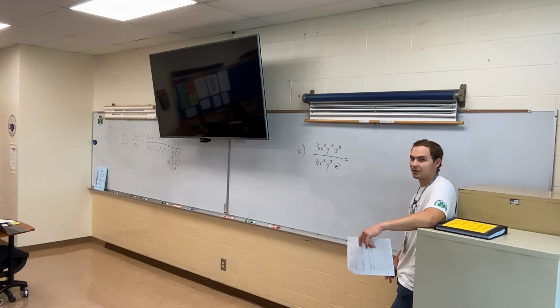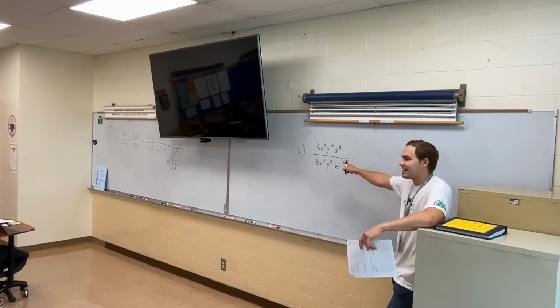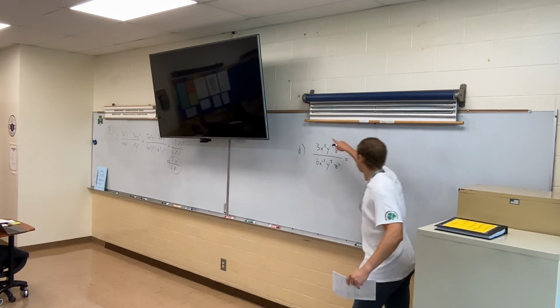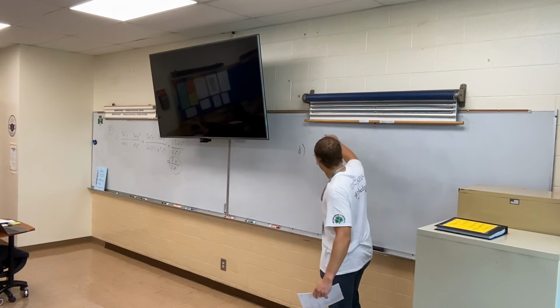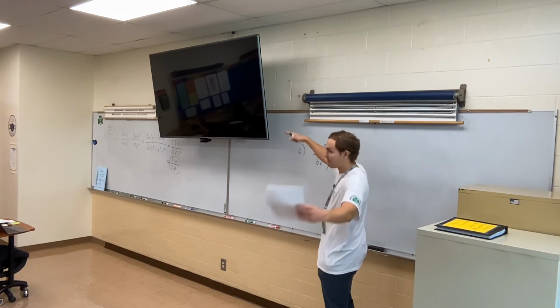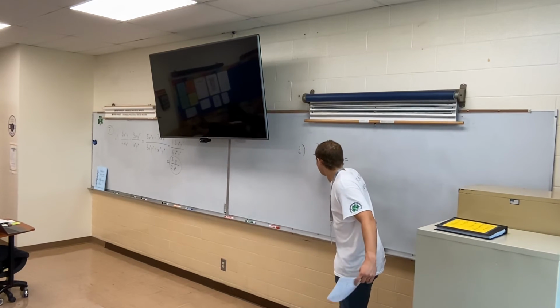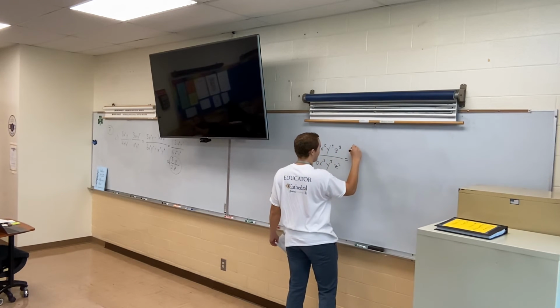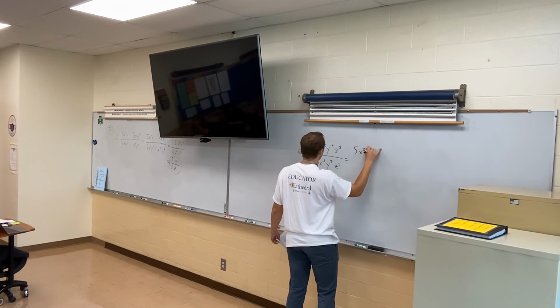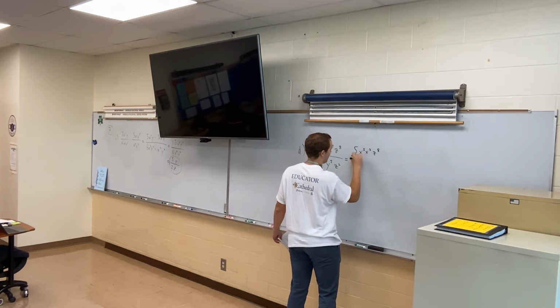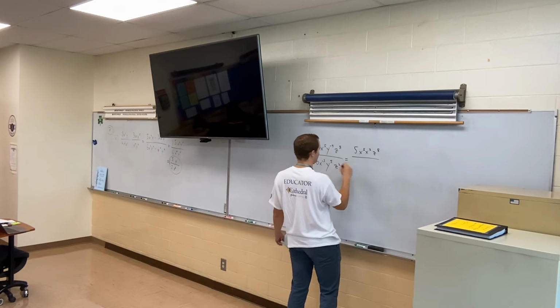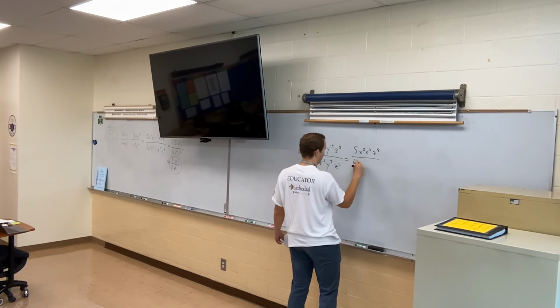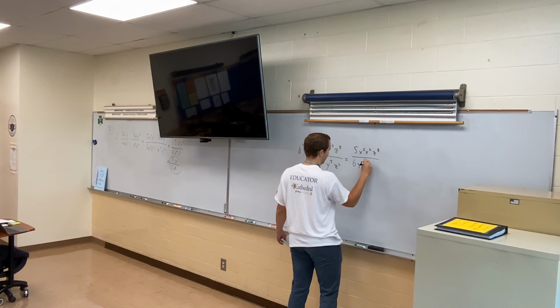I hate negative exponents, so I'm going to flip them around. y to the negative 4 goes to the bottom, becomes y to the positive 4. x to the negative 3 goes to the top, becomes x to the positive 3. So I'm going to get 3 x to the 5th, x cubed, z to the 8th, over 6, y to the 4th, y to the 5th, z squared.